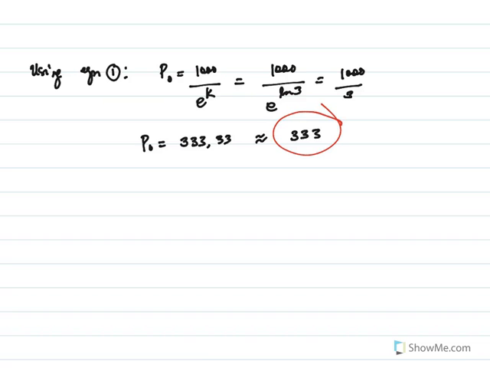So, this is the initial value of the population of bacteria in the culture, and then our general equation for the population at any time t can be expressed more specifically as P of t equals 333 e raised to ln 3 times t.